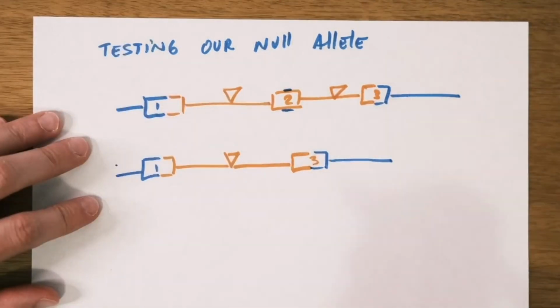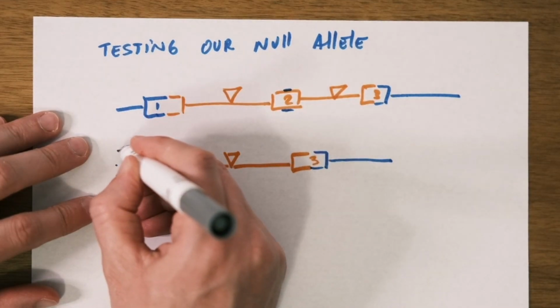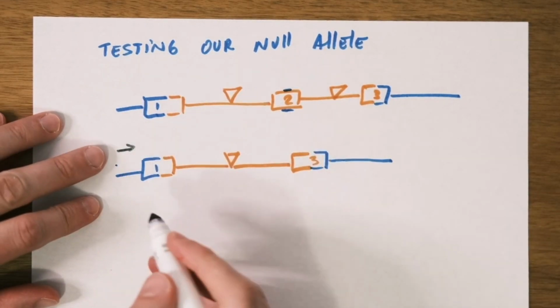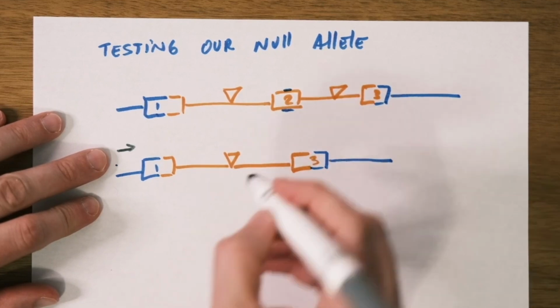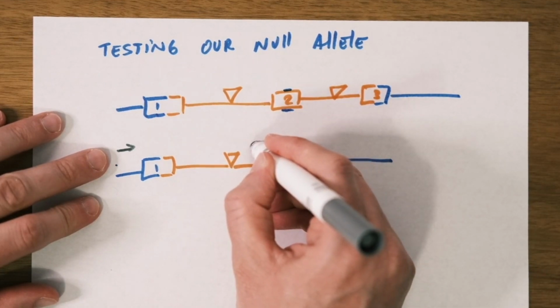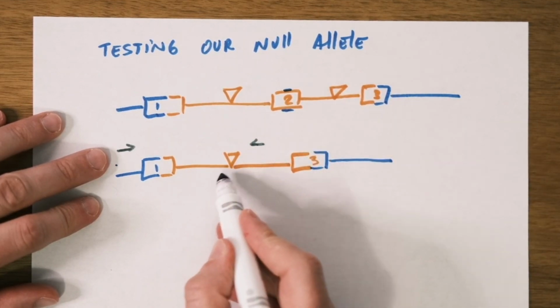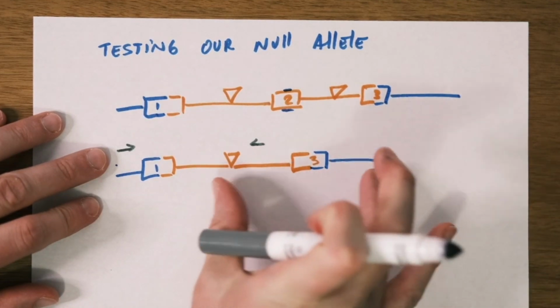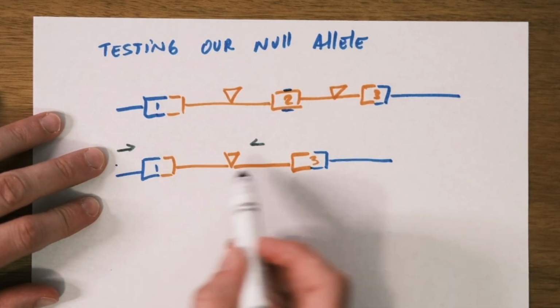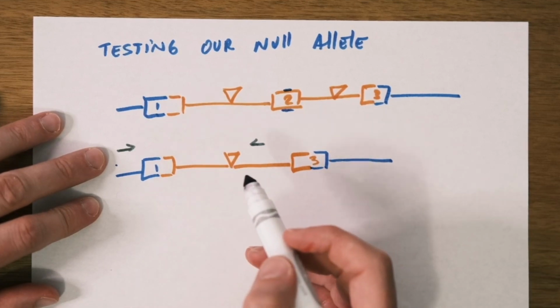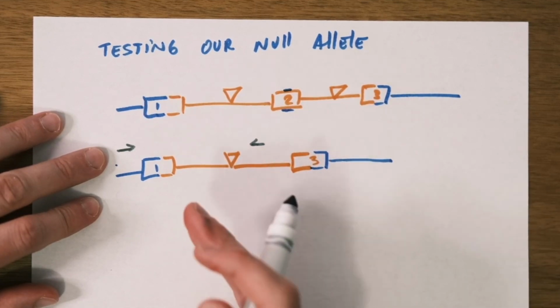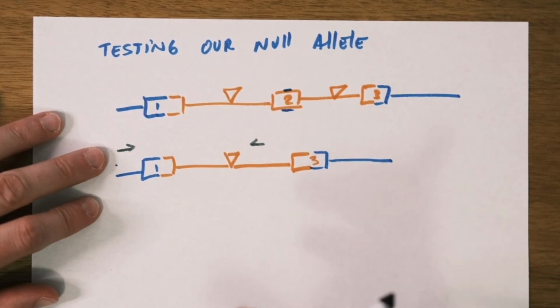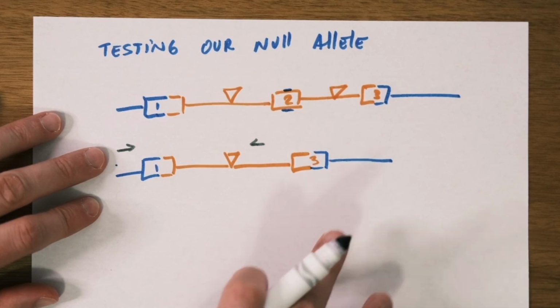So in the same way that we tested our loxP site, we will test the null with a primer that is outside the homology region and another primer coming from the opposite direction that is downstream of this loxP site, and we do the same from the other side. Then we validate that this amplicon can be generated, and that will indicate that we not only have the null allele, but it's also in the correct locus.